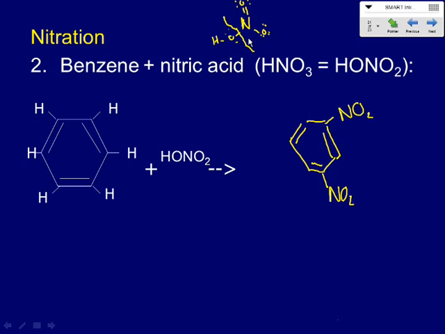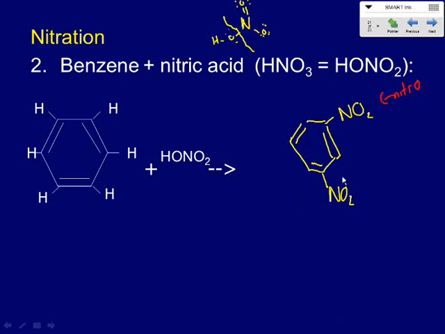And actually, the resonance of this NO2 feeds into the benzene ring. The delocalized pi bond goes all the way out into the N's and the O's as well. It actually makes it stronger. Anyway, this is nitro. So that group here is nitro. That's called a nitro group.